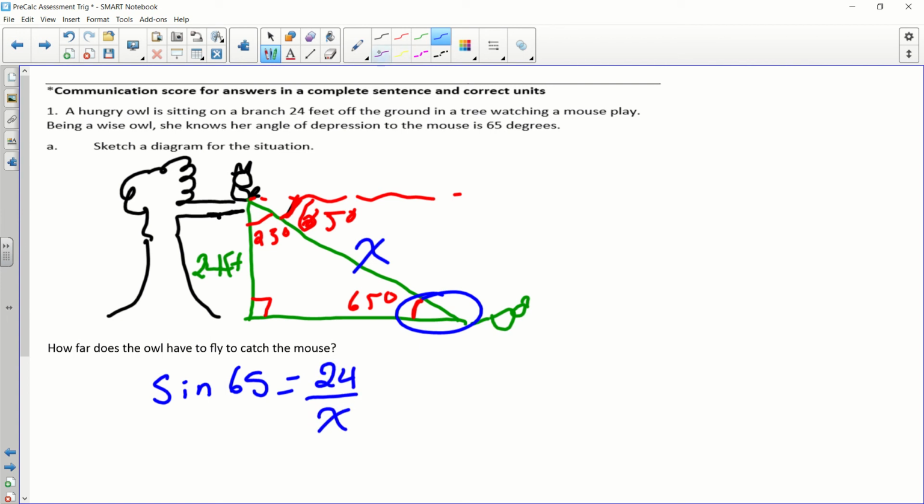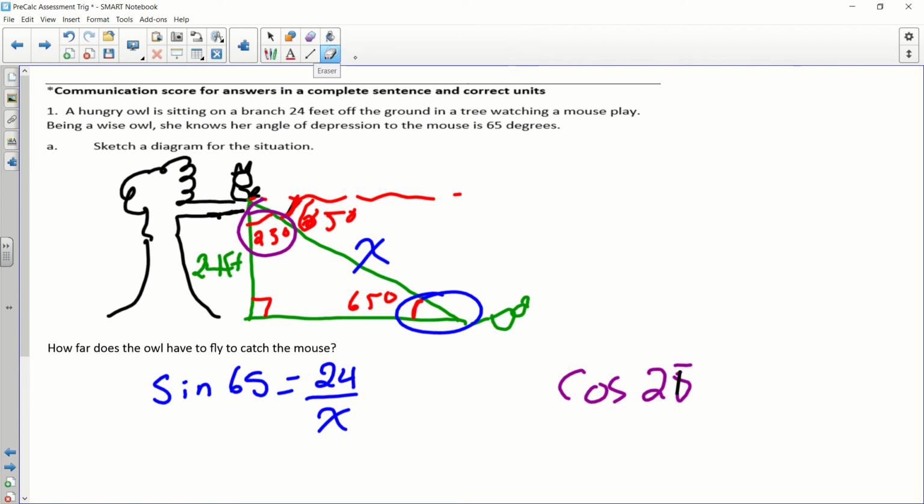Your other option would be to use this angle up here, the 25, in which case I have the adjacent over hypotenuse, which would be the cosine. I don't know why that black line keeps popping up, but we'll roll with it.